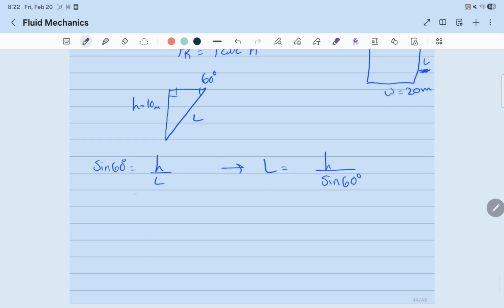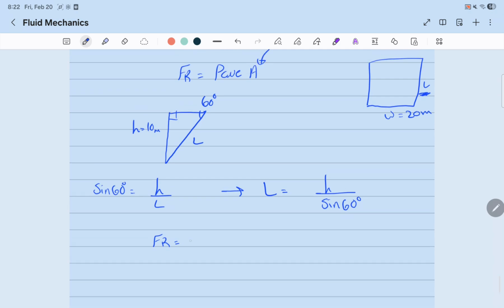So the resultant force equals average pressure, which is the specific weight of water times HC, times the area, which is the length of the wall times the width of the wall.